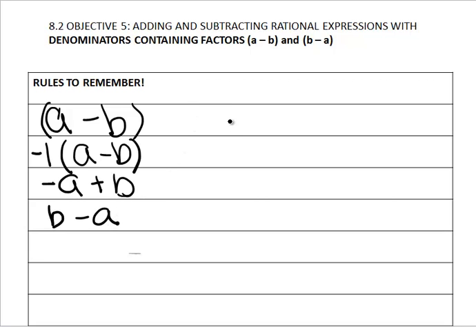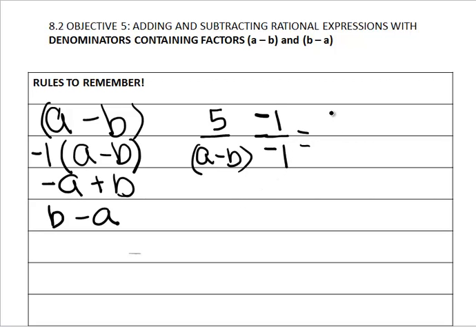If I have a fraction, I can do the same thing. And remember, with fractions, I have to follow certain rules. So if I start out with 5 over A minus B, I'm going to multiply the numerator by -1 and the denominator by -1.